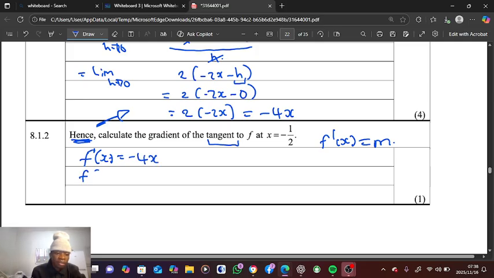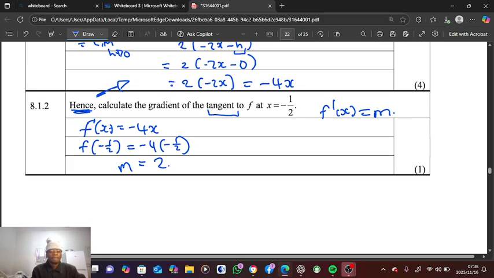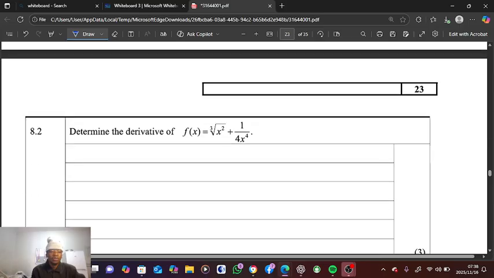We say f'(-1/2) = -4 into -1/2. Negative 4 multiplied by negative half is positive 2. So we are done, meaning that m is equal to 2.